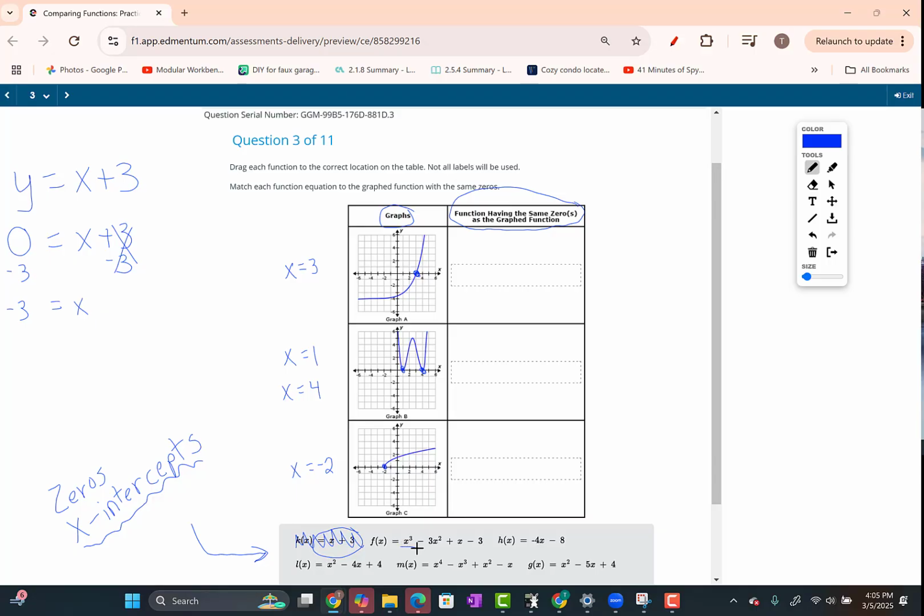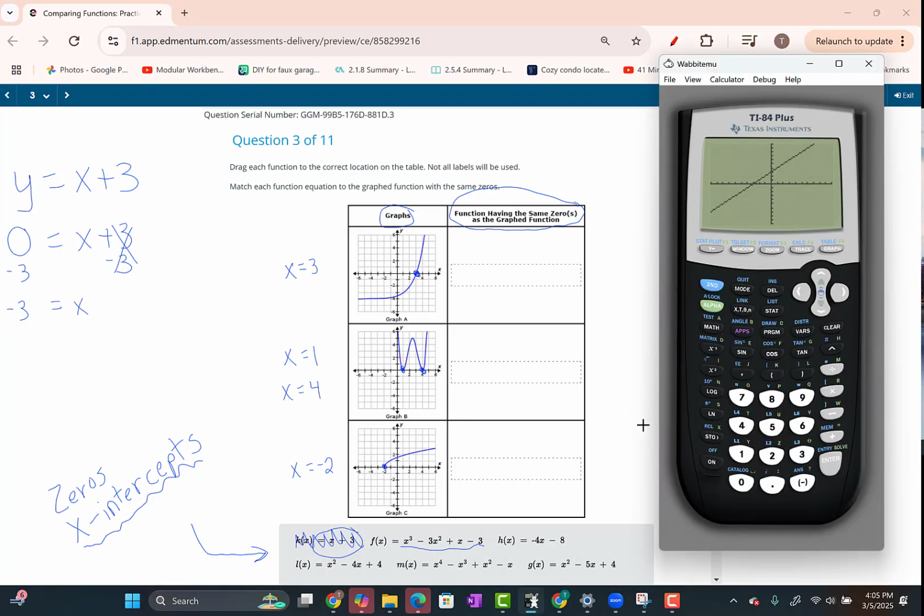The next one is here, x cubed minus 3x squared plus x minus 3. This one should have up to 3 x-intercepts. Let's just see. We have it typed in there, so graph it.